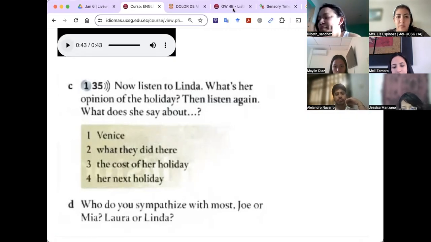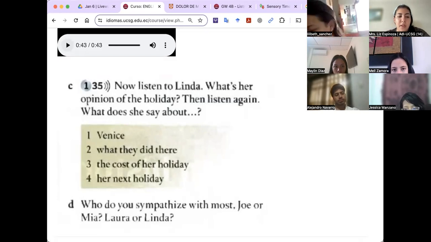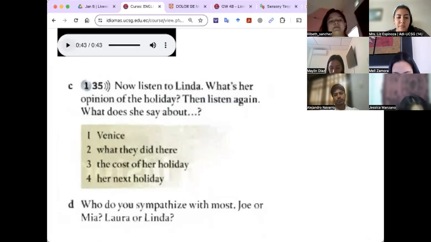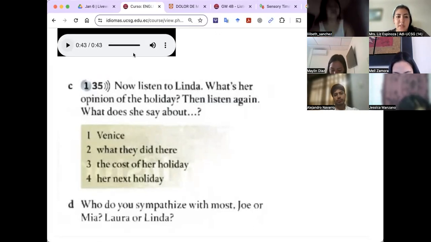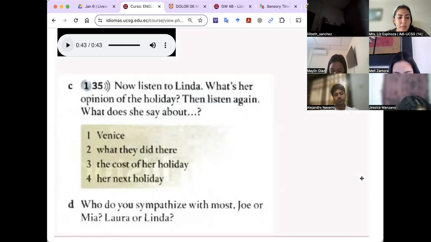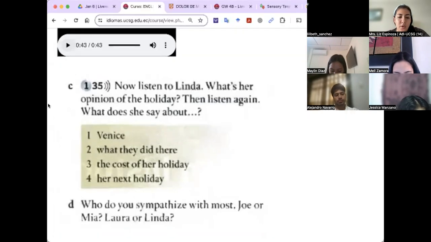You went on a gondola and saw a museum. Okay, what about number three, the cost of her holiday? Expensive. It was expensive, okay. The last one, her next holiday, she wants to come back.